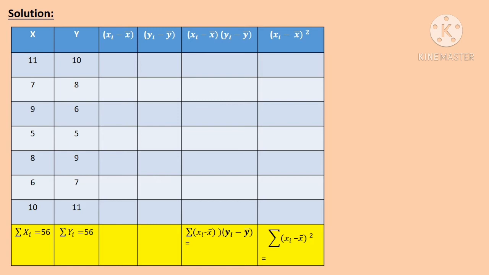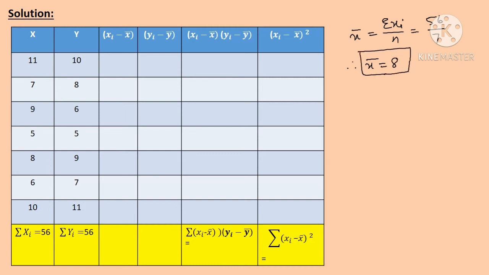Now we know that x bar is equal to summation xi upon n, where n is the number of observations. So over here summation xi is 56 and the number of observations is 7. So 7 eights are 56, so you get x bar is equal to 8.